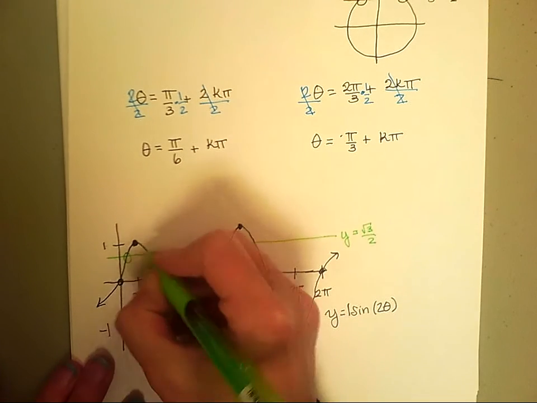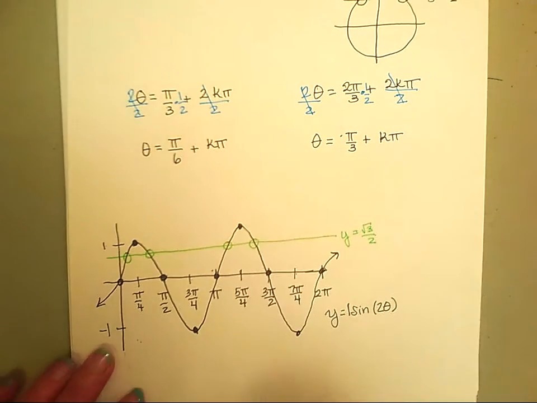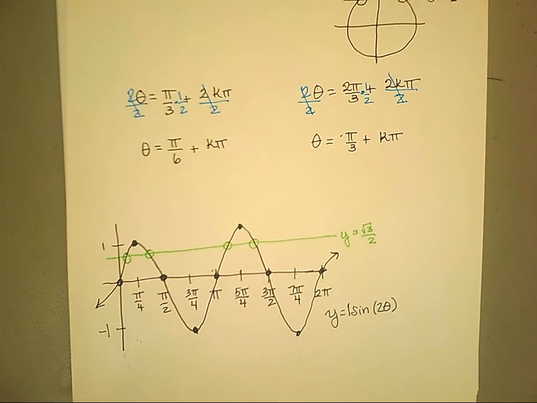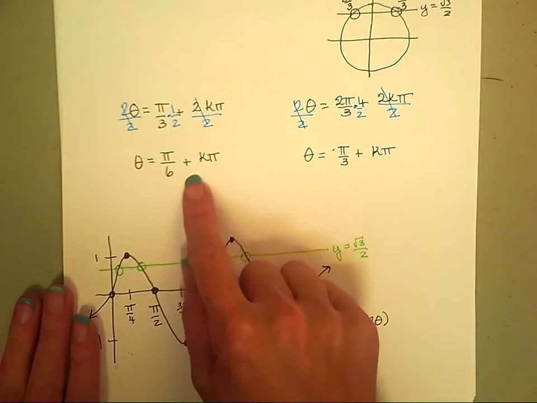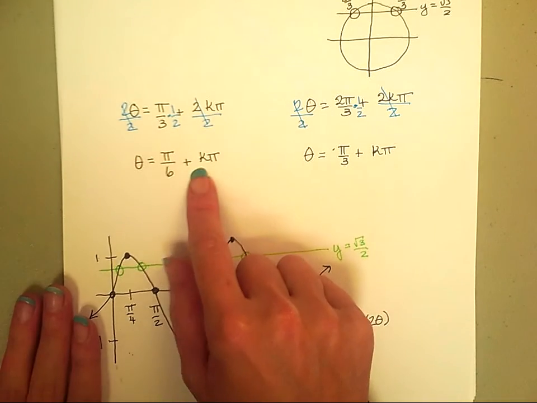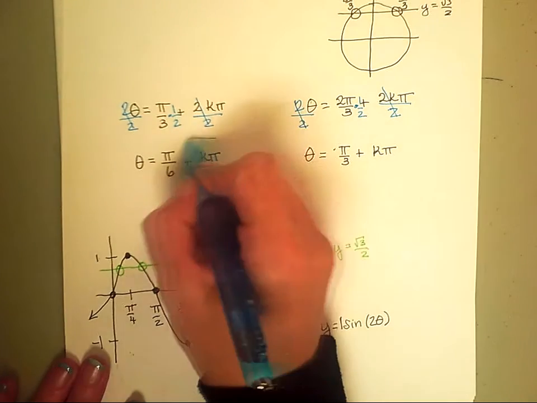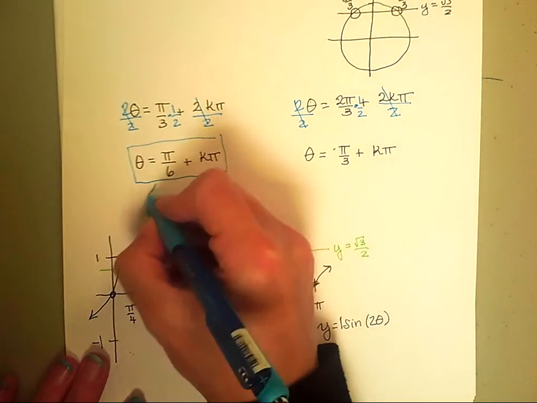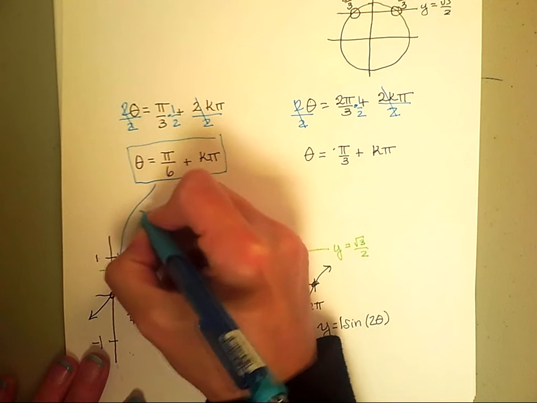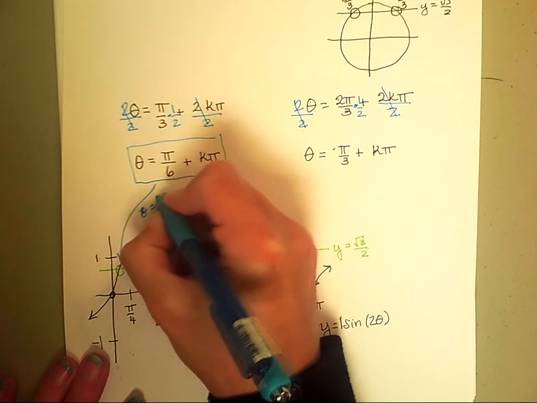Okay? And what that shows us then is that we have 1, 2, 3, 4 intersection points, which means we are going to have 4 solutions. Okay? So if we let k equals 0, well, this is going to be really easy, right? If k equals 0, it has to be the first angle right here, and that angle is theta is equal to pi over 6.